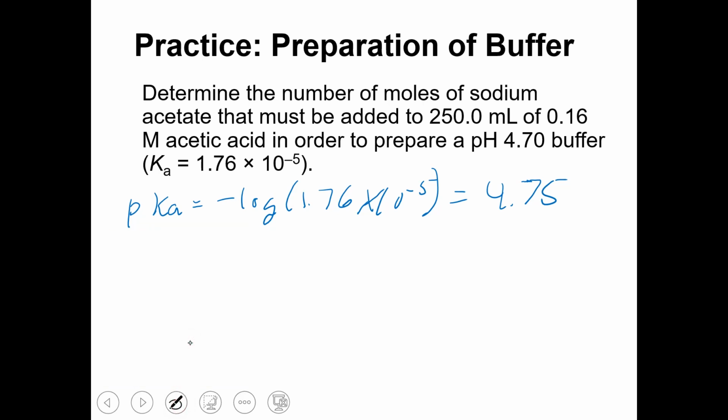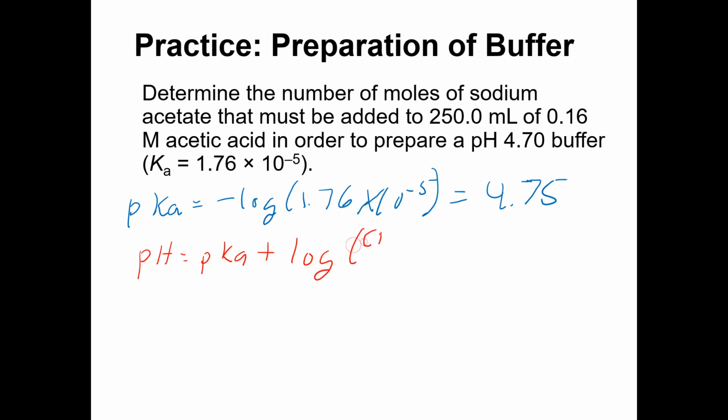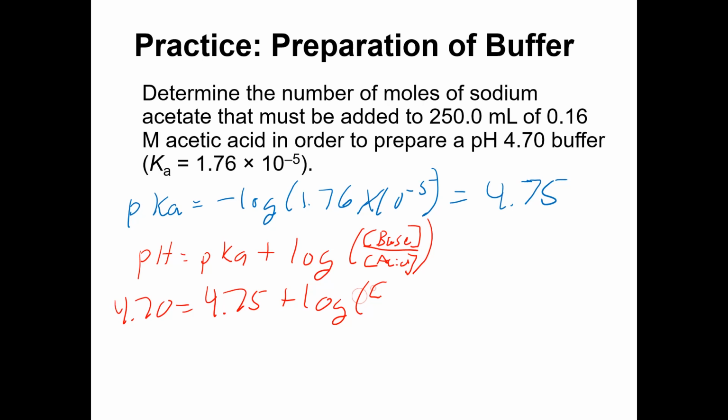So our Henderson-Hasselbalch equation tells us pH is equal to the pKa plus the log of the concentration of base over the concentration of acid. So we can plug in the pH that we want, which is 4.7. That's equal to a pKa of 4.75 plus the log of, we don't know what the concentration of our base is, so I'm just going to put the concentration of base, and we know the concentration of acid is 0.16.